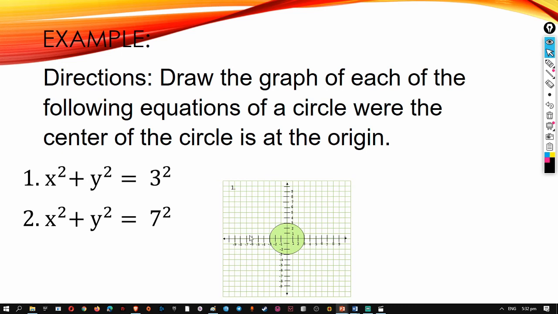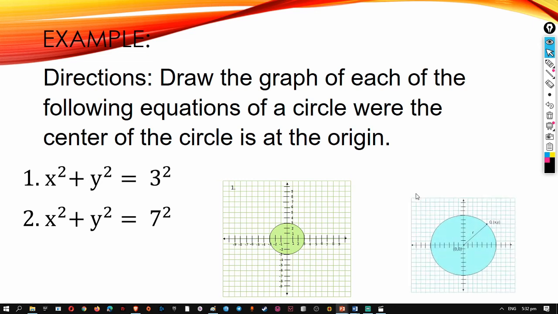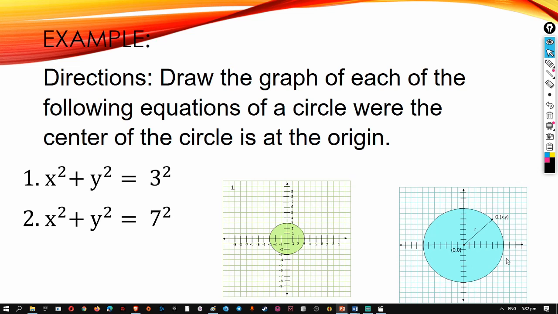Ayan, to the left 3, to the right 3, above 3, below 3. At ang number 2, okay, so 7, to the left 7. So, sige, pakita natin. Pink, gamit ako ng pink. So, 7 siya. Oops, wala palang pencil.